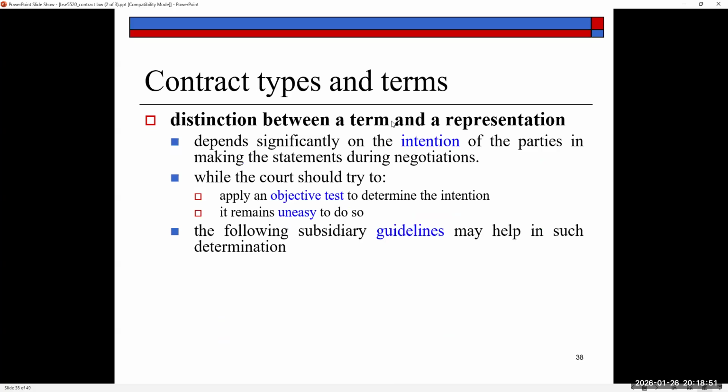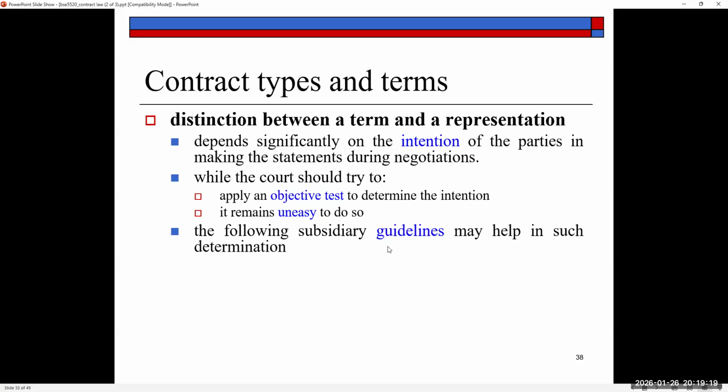So the distinction between a term and a representation depends on the intention of the parties in making the statements during the negotiation. The court would try to decide whether this is really the intention of the two parties by applying an objective test, but again, it remains uneasy to do so in some cases.